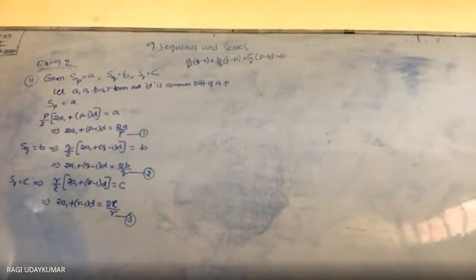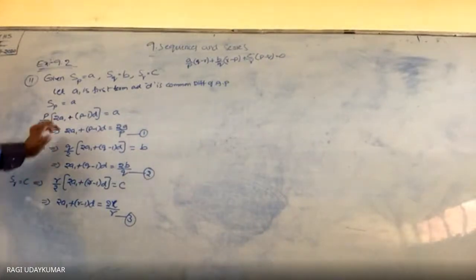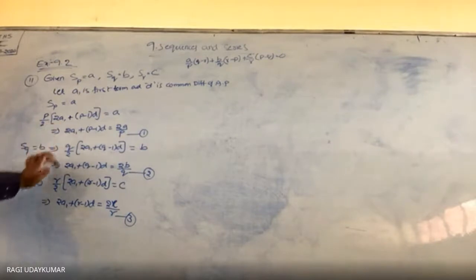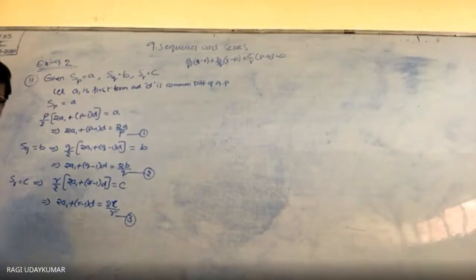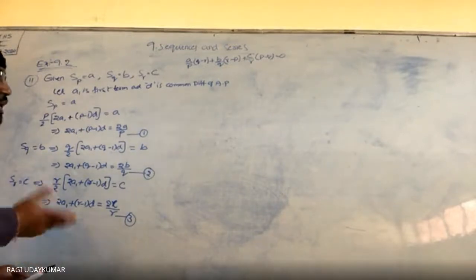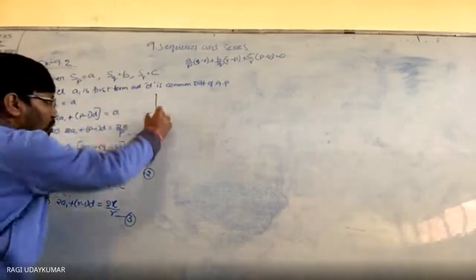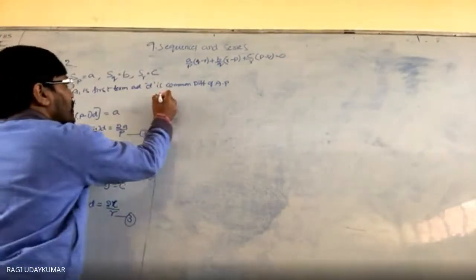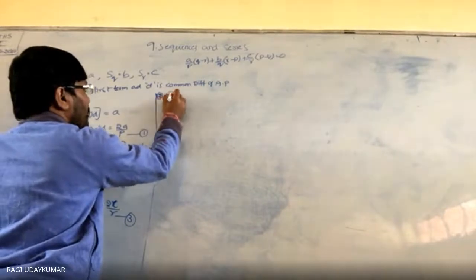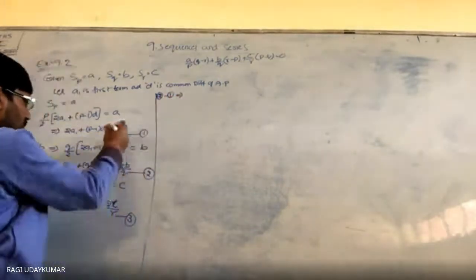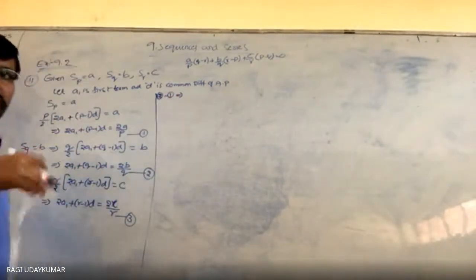Now here, if you eliminate A1 by subtracting these two, D will come, and then equate that D. Because in that A and B are there, that we need to prove. To prove that, what do we do? Do second equation minus first equation, or first equation minus second equation.